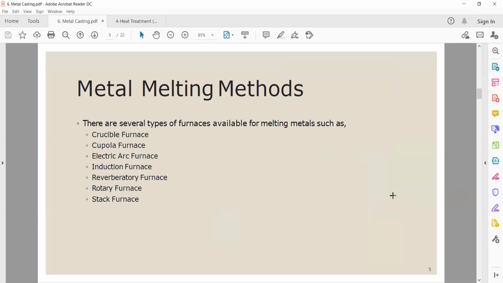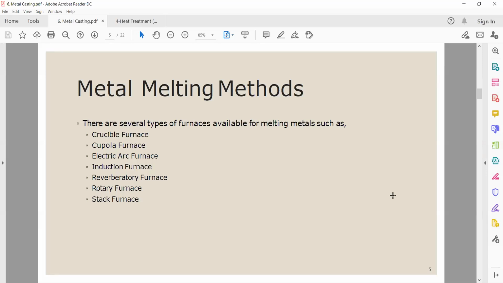Then the second requirement is you need to have the liquid form of your metal, because then only you can pour that liquid into your mold. So you need to consider the melting method, right? As we discussed in the previous class, to melt the metal you have to do the heating process.